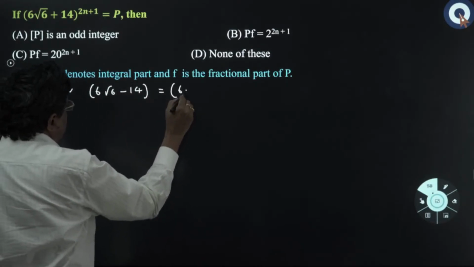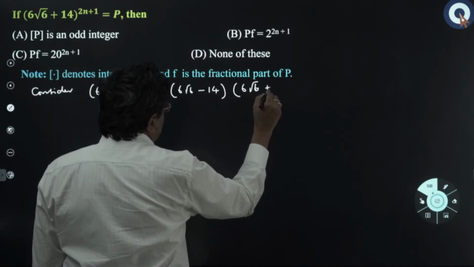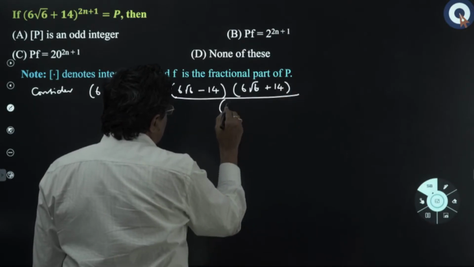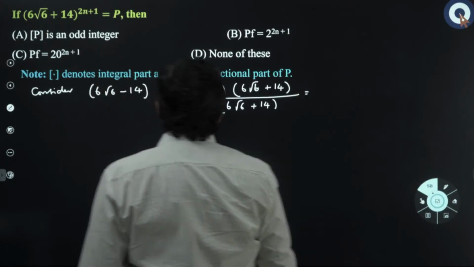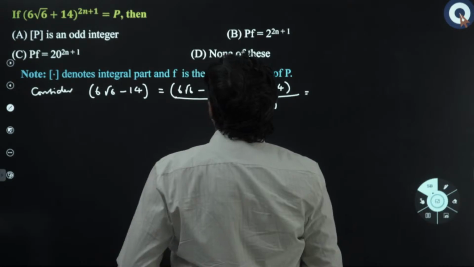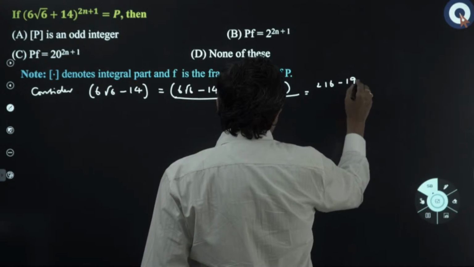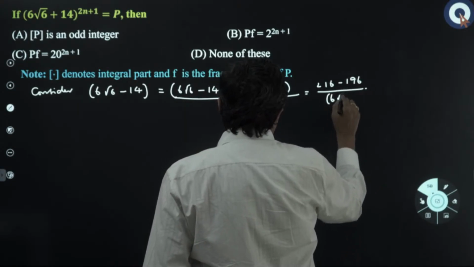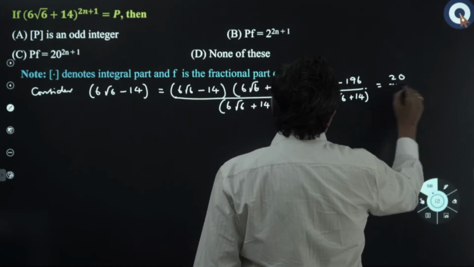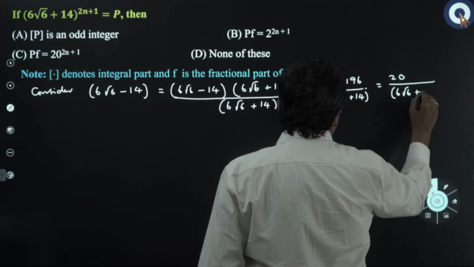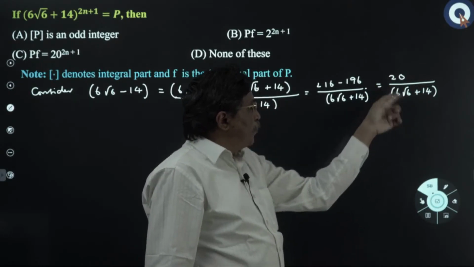This is (216 minus 196) by (6√6 plus 14), which is 20 divided by (6√6 + 14). You can see 6√6 is about 14.7, so the denominator is greater than the numerator. Therefore, this is a proper fraction.